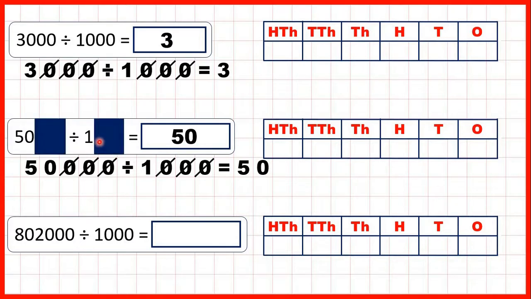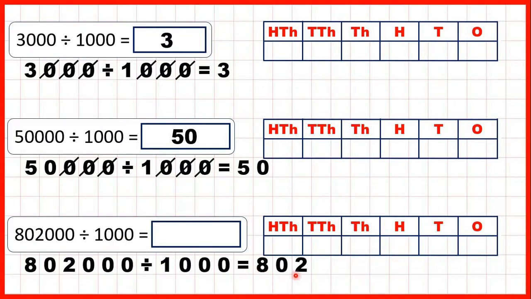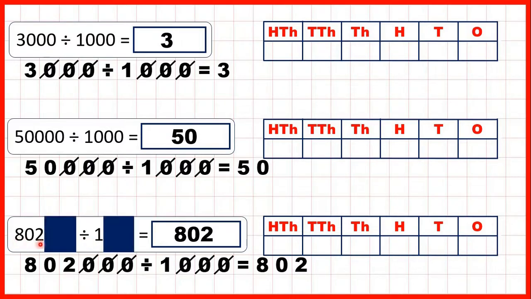Again, you can cancel the end zeros, so we get the same answer as 50 divided by 1. Now we have 802,000 divided by 1,000. That's 802 because we can cancel 3 of our end zeros. 802,000 divided by 1,000 gives us the same answer as 802 divided by 1.